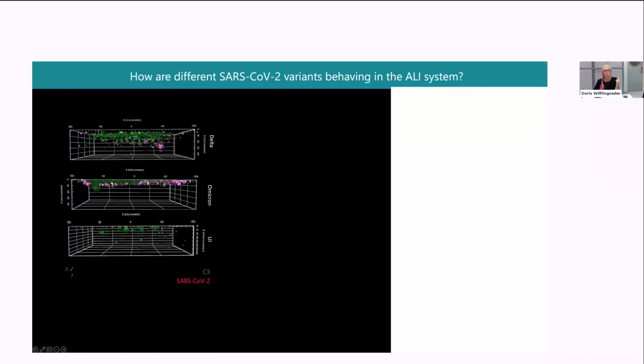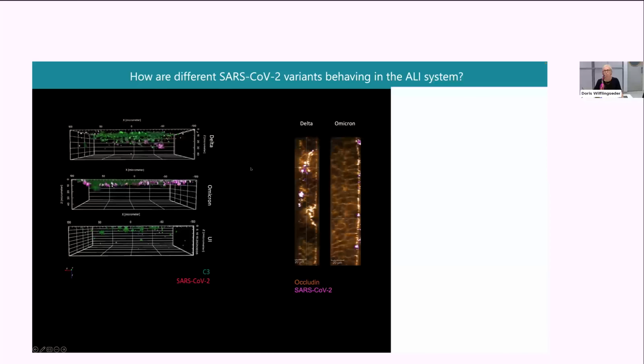What we could see was that Delta penetrated really to the basolateral side of the pseudostratified epithelium, which can also be nicely seen here in this ZY axis. So we saw a deep penetration of virus particles to the basolateral side upon Delta infection, while Omicron infection really happened superficially at the apical side of those tissues.